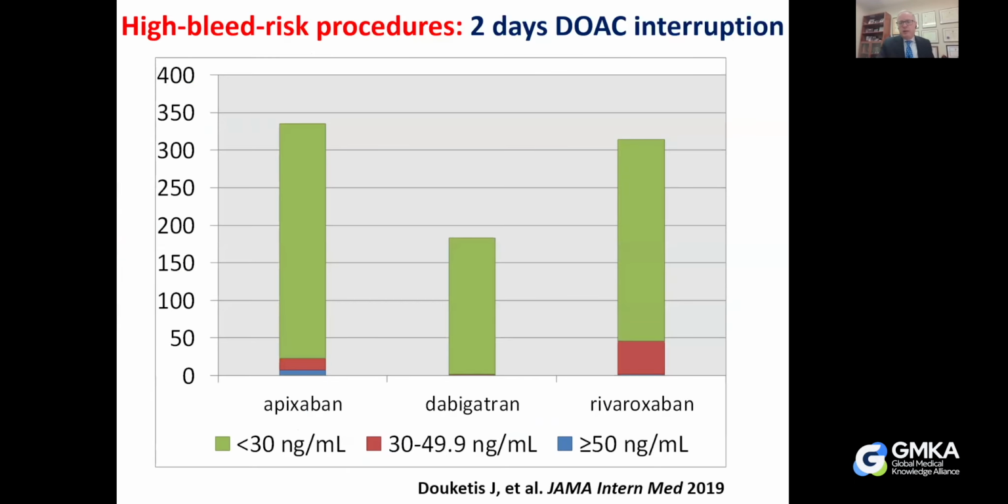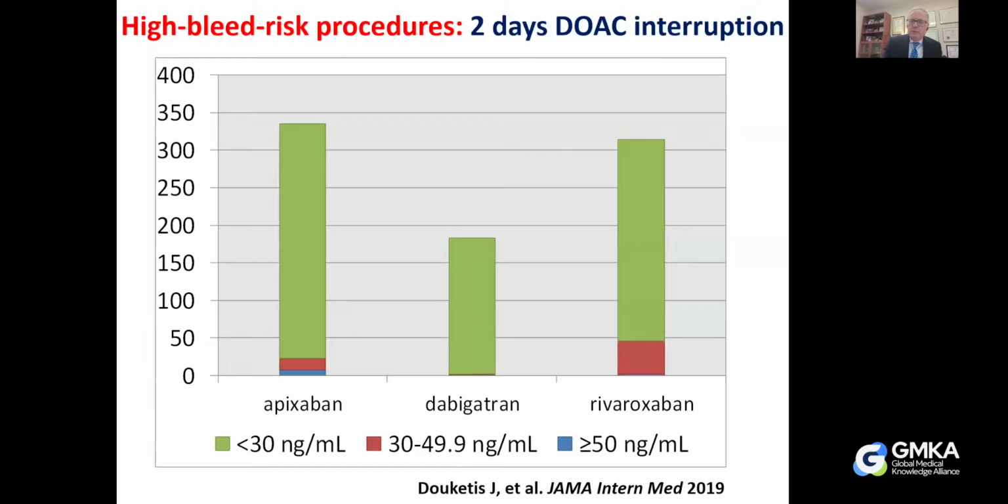And here are some data to support that involving patients, just like the case I described. So this is the residual anticoagulant effect of the DOAC when measured just before the surgery and after 2 full days of interruption.